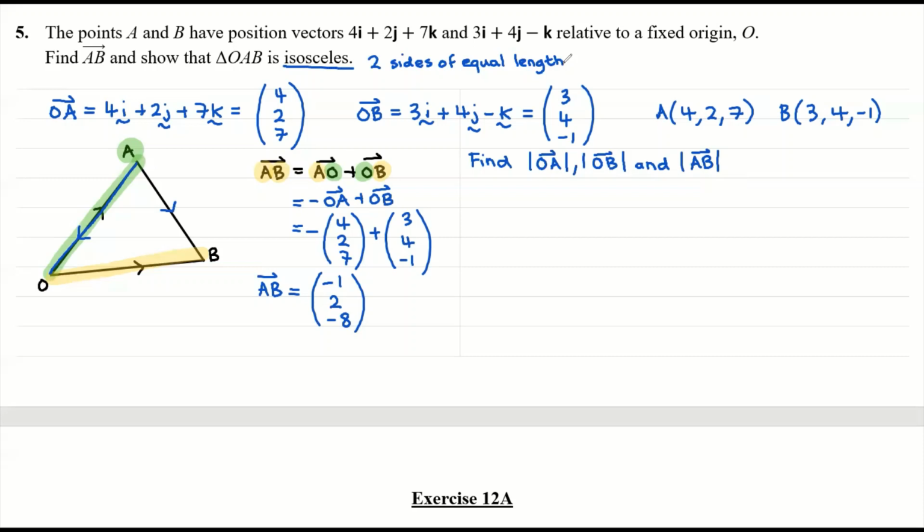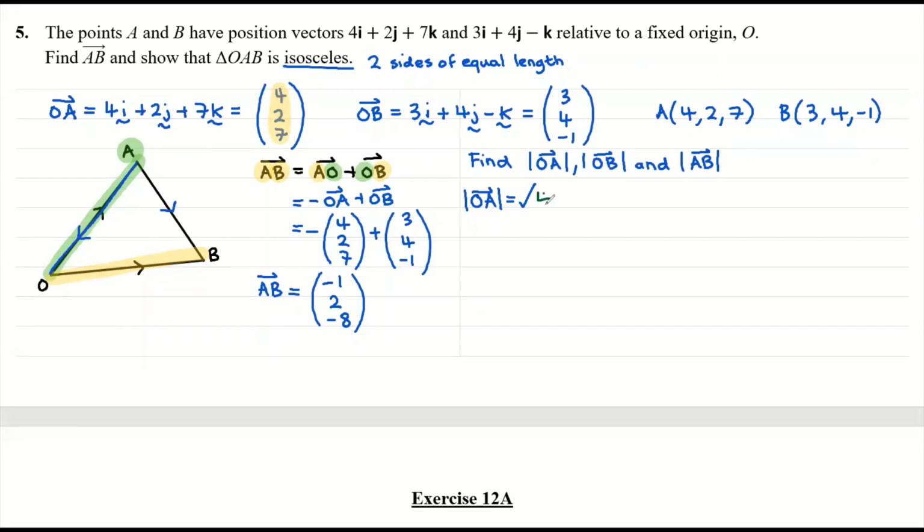Okay, so let's figure out, and then we can use Pythagoras. So the magnitude of OA is simply going to be the square root, and we just plug in those numbers into Pythagoras' theorem.